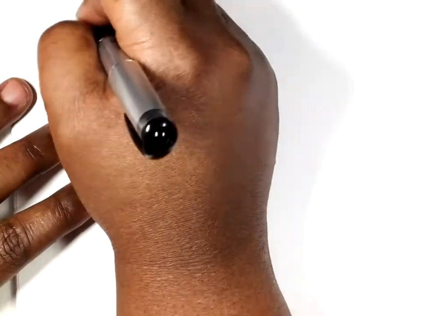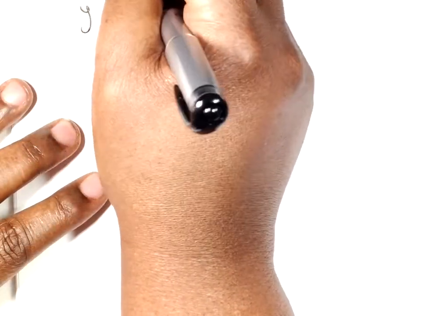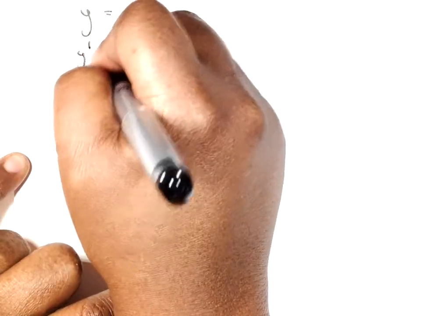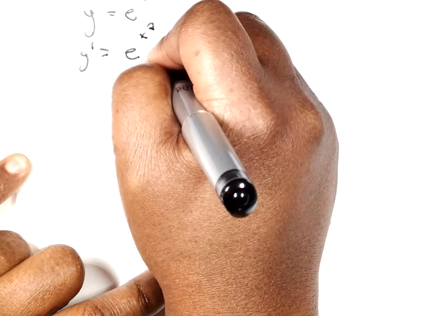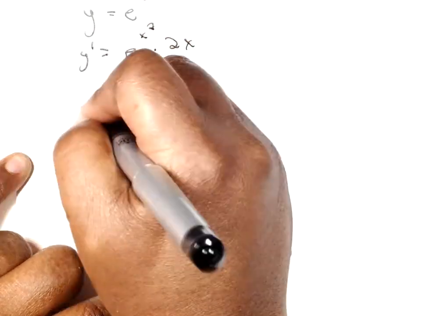So some examples. We have y equals e to the x squared. So I take y prime, and it's just e to the x squared, and then the derivative of x squared is 2x.